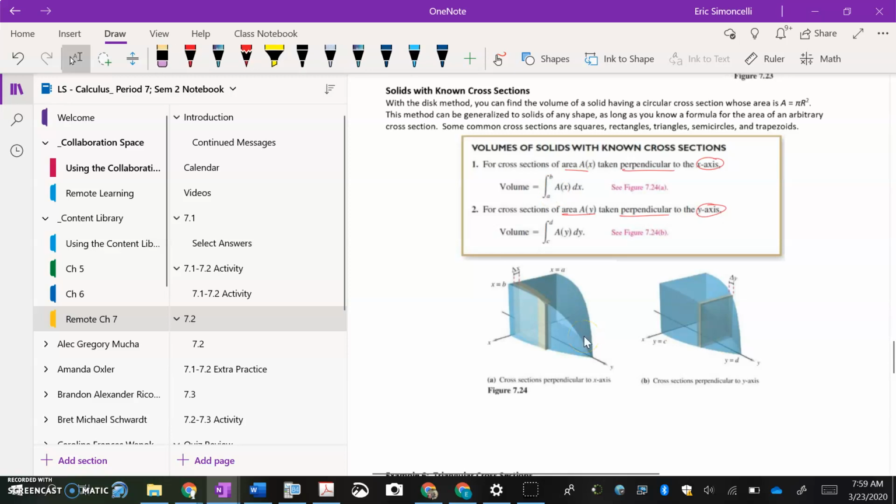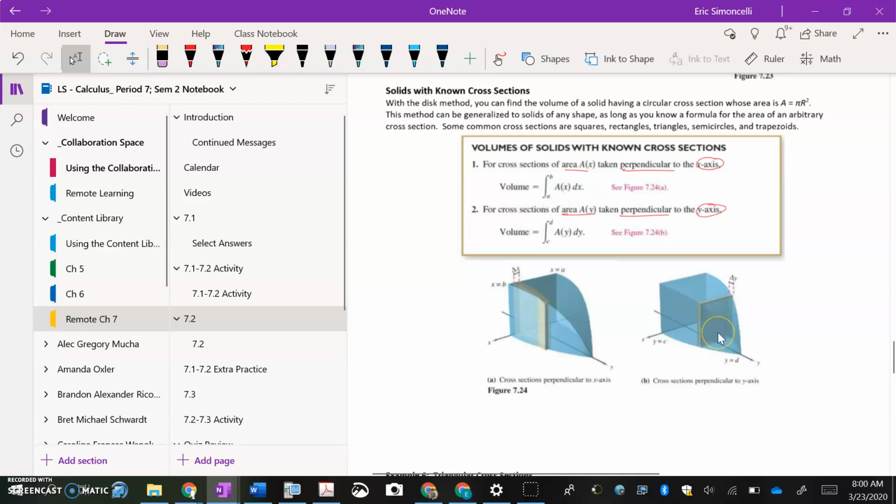Figure 7.24 is pretty nice and how it kind of relates that information. Notice delta x, because of the perpendicularity to the x-axis, is what we're assessing. We're going to find that cross-section perpendicular to the x-axis, and the integral speaks to that.